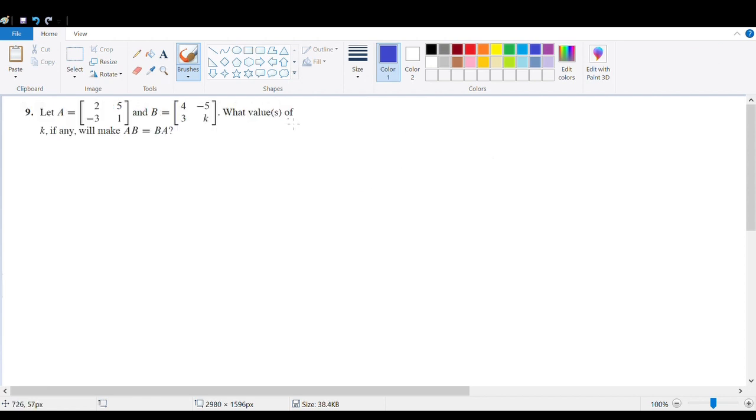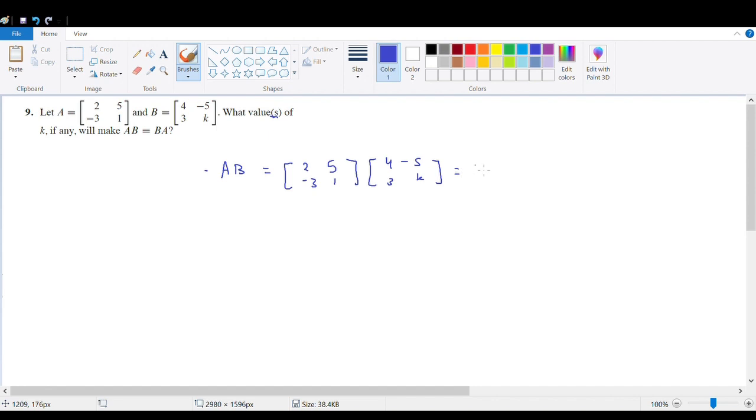Let A be the matrix 2, minus 3, 5, 1 and B the matrix 4, 3, minus 5, k. What values of k, if any, will make AB equal to BA? So we want to know what k makes AB equal to BA. First, if we find AB, this will be equal to 2, minus 3, 5, 1 multiplied by 4, 3, minus 5, k.